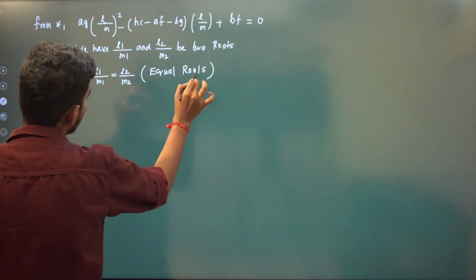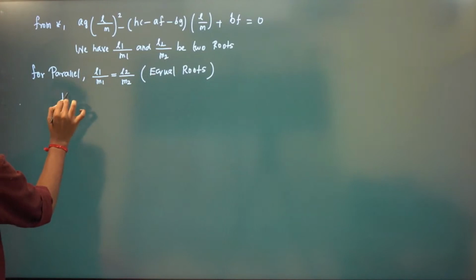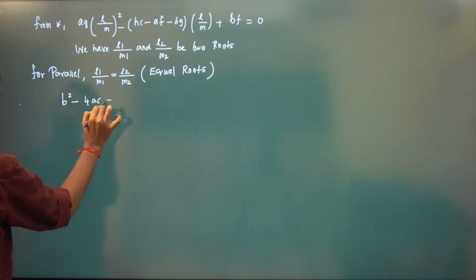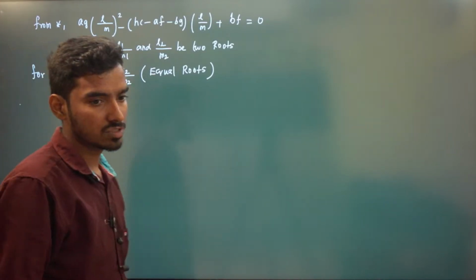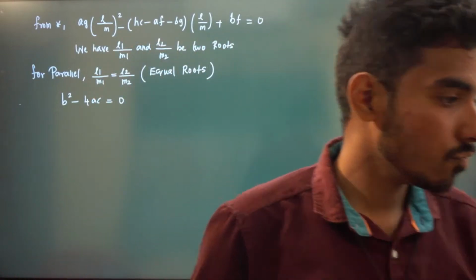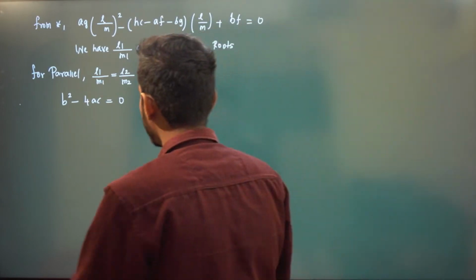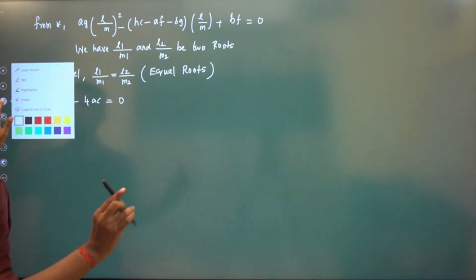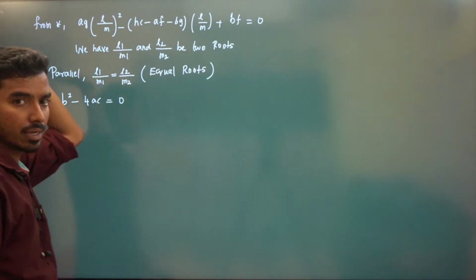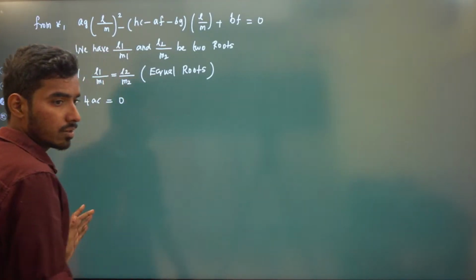So for equal roots, b square minus 4ac has to be 0, right? You need to make use of this condition from now on. Whenever you need to prove equal roots, you need to use the condition that b square minus 4ac is equal to 0. You can take any one quadratic equation, either in L by M or in M by N.